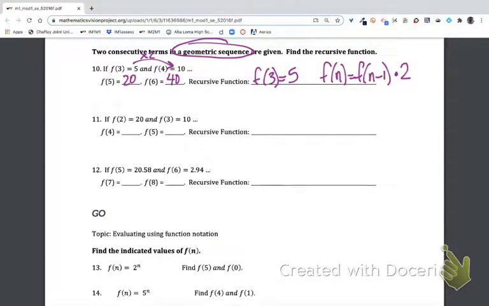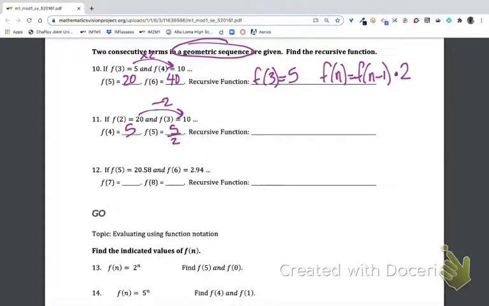Number 11, just as a bonus one here, it starts at 20 and then goes to 10. Whoa. So instead of multiplying, now we're going to be dividing by 2. So dividing 10 by 2 gives me 5. Dividing 5 by 2 gives me 5 over 2, or 2.5.